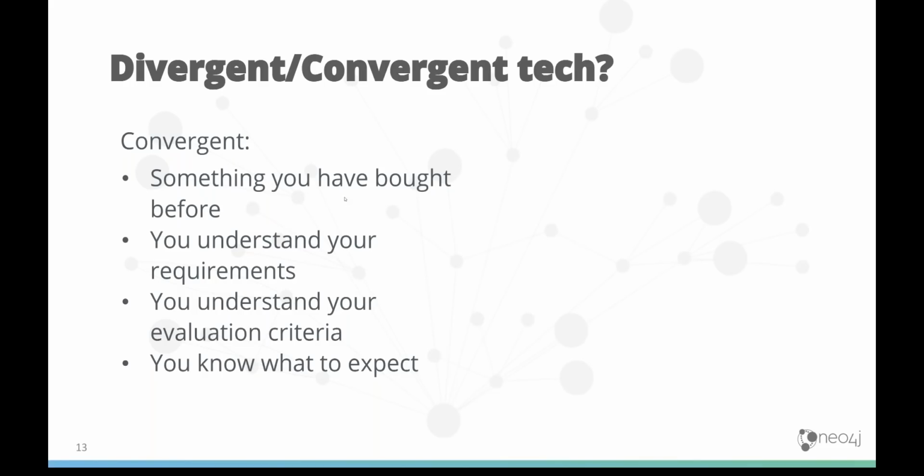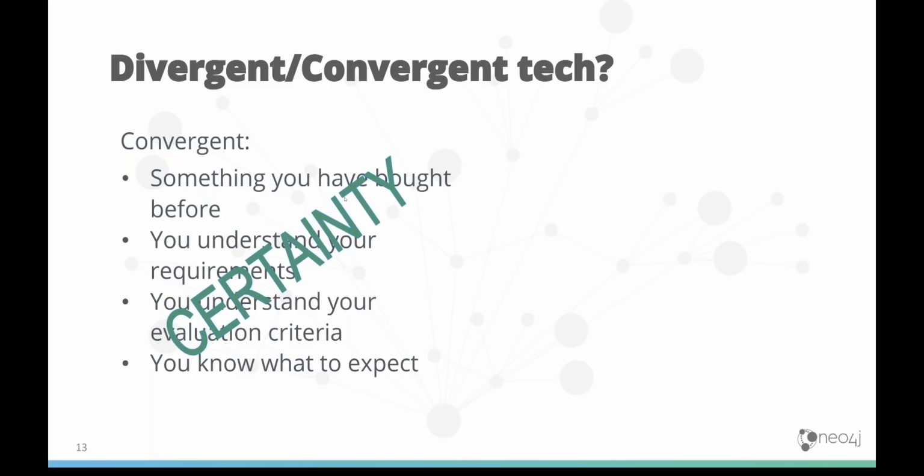You understand your requirements, you understand your evaluation criteria, and you know what to expect. This is an environment where you have a lot more certainty. You know exactly what you're going to be buying.